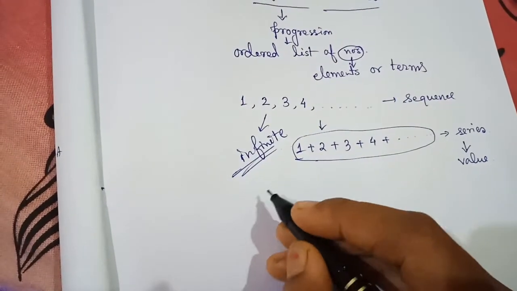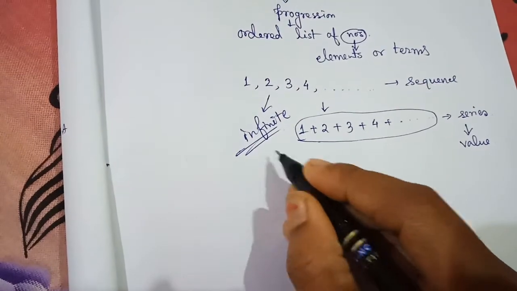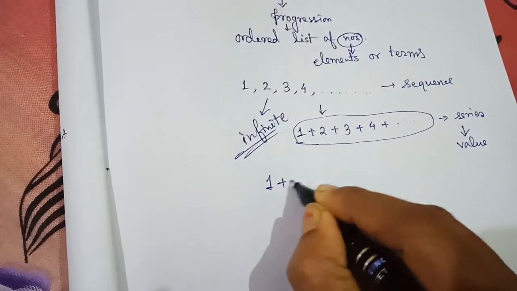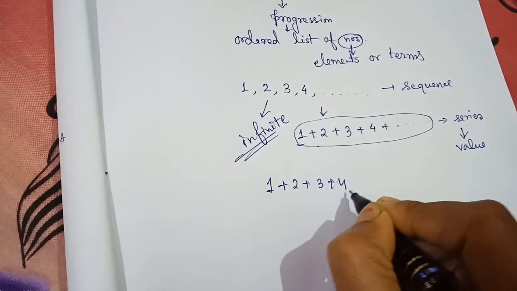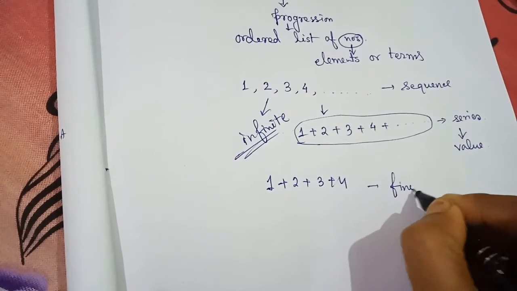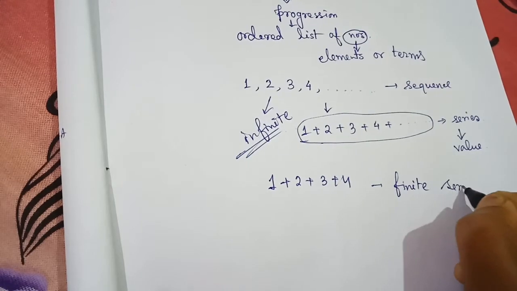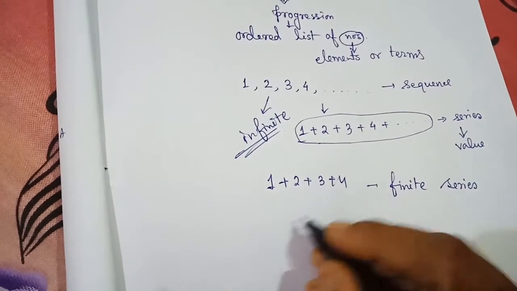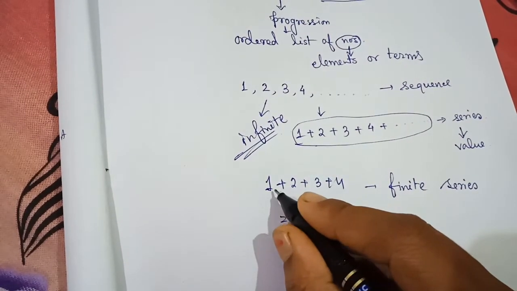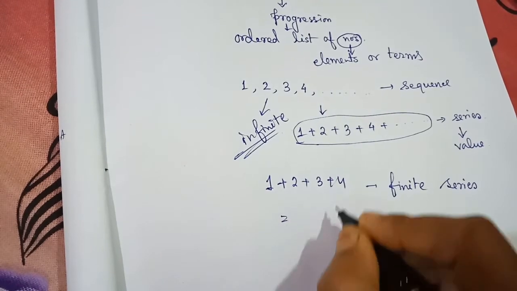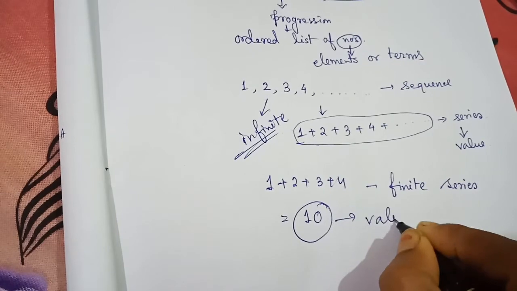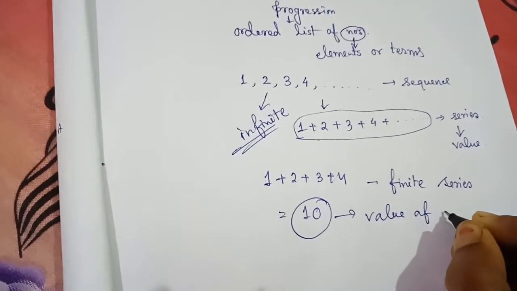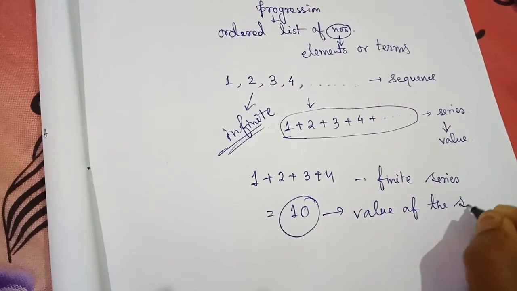Now if we take only 4 numbers, this will be a finite series, and we can directly add it up and get 10. That means this 10 is the value of the series.